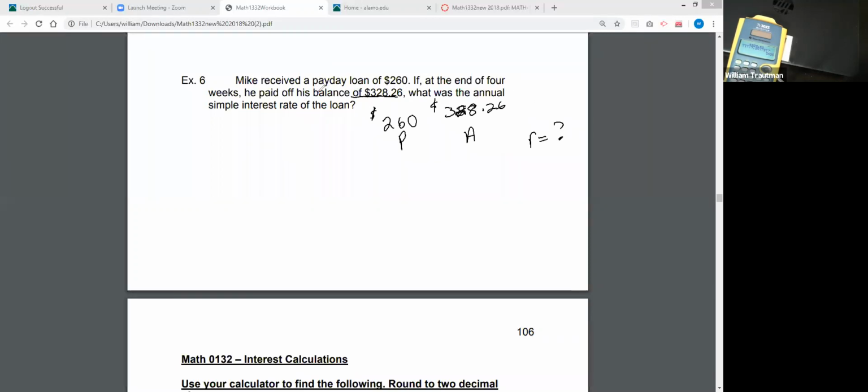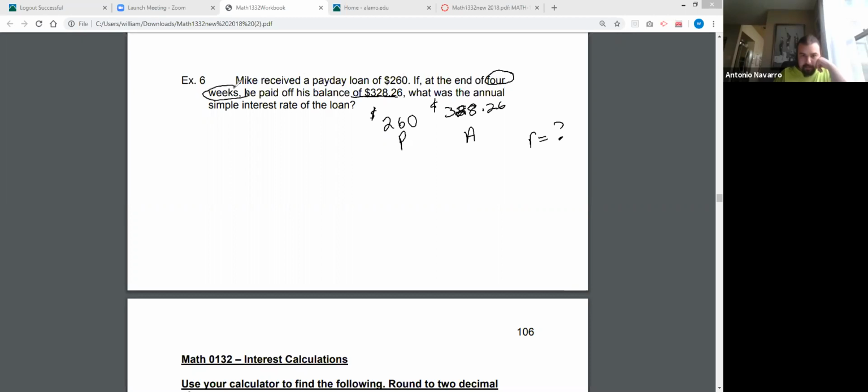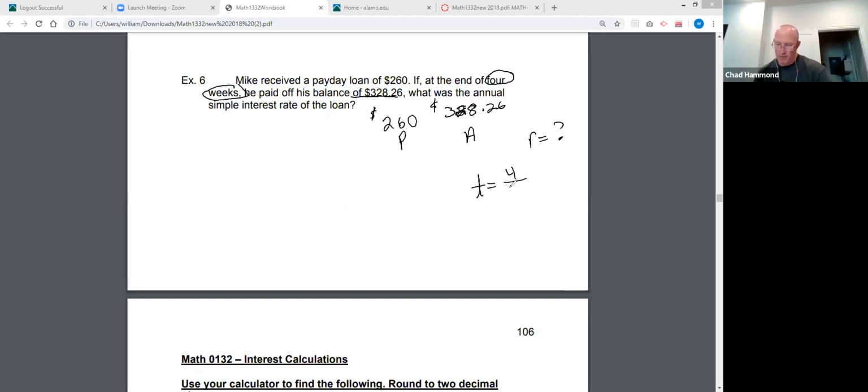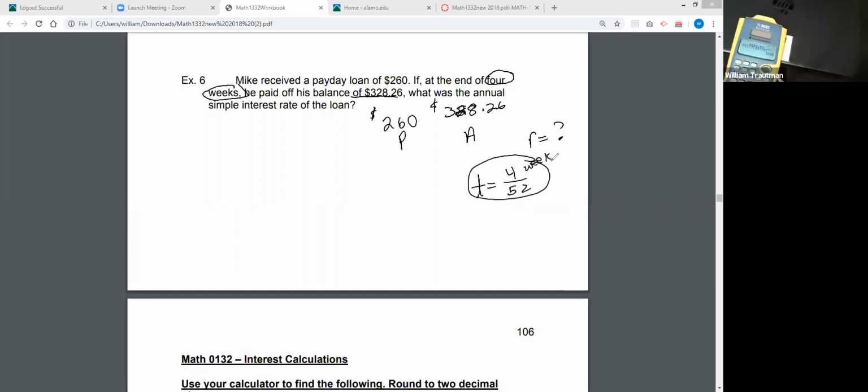Does it say how long it took to pay it off? 4 weeks. That's about a month. Well, don't put about a month. Time is 4 weeks. And how many weeks in a year? 52. So time is 4 weeks out of 52.